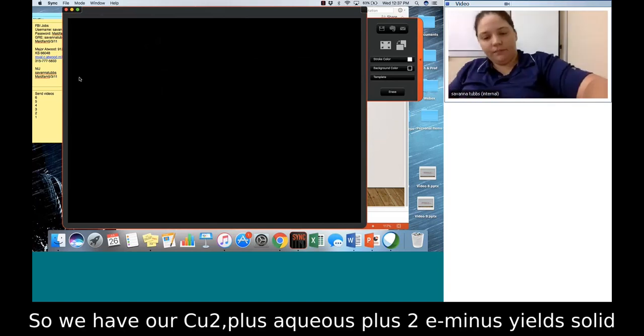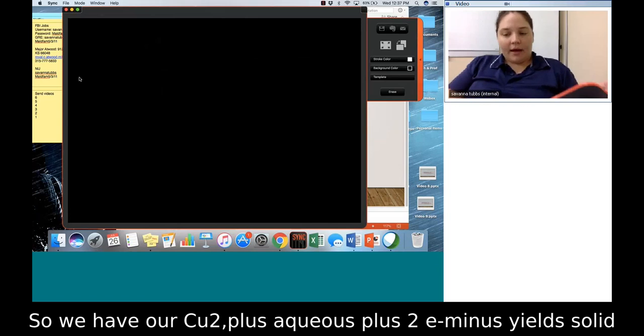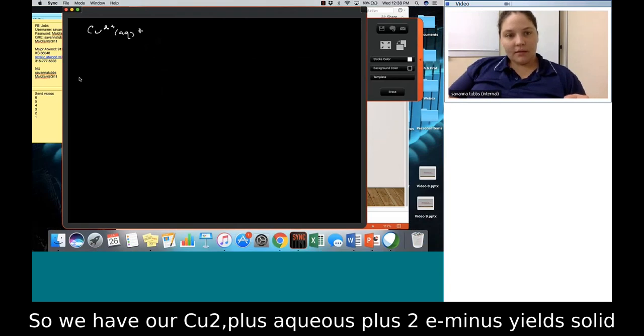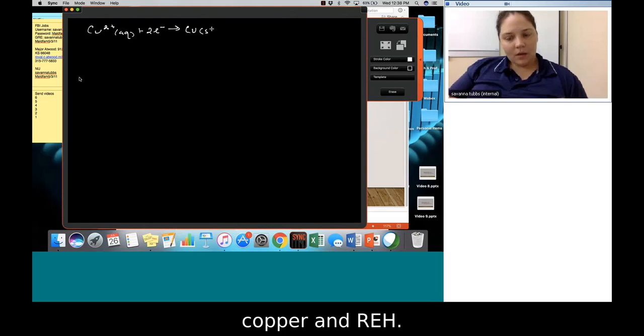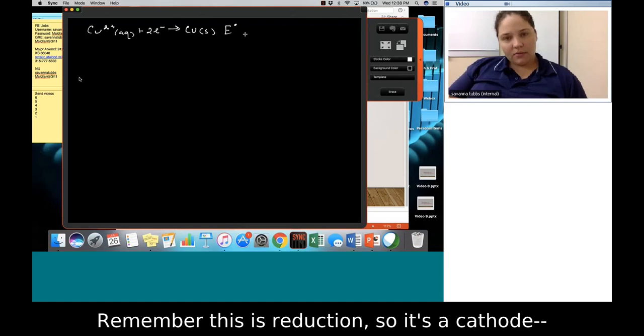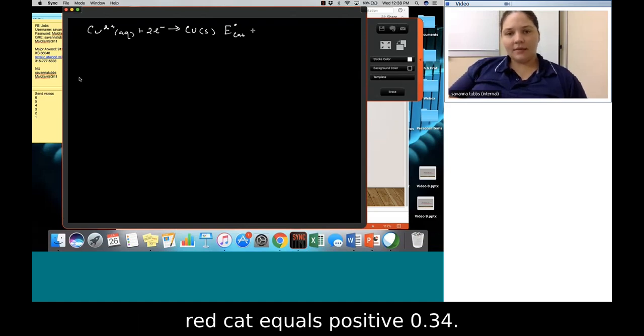So we have our Cu2+ aqueous plus 2e- yields solid copper, and remember this is reduction, so it's a cathode, red cat, equals positive 0.34.